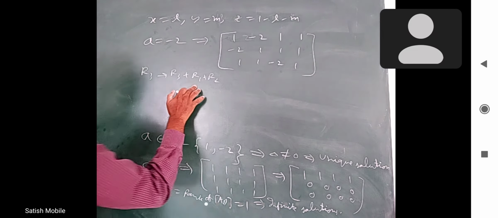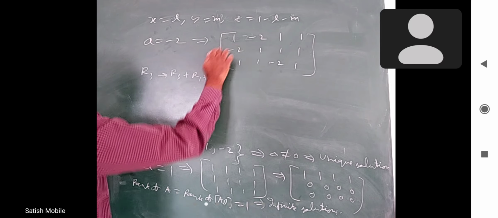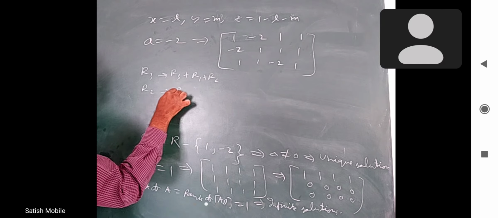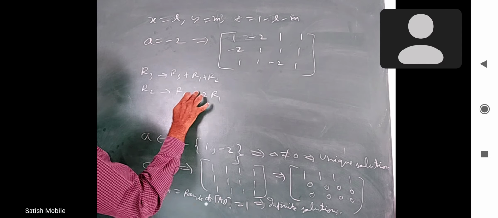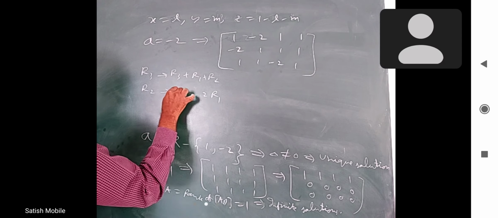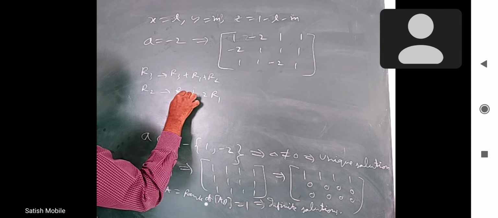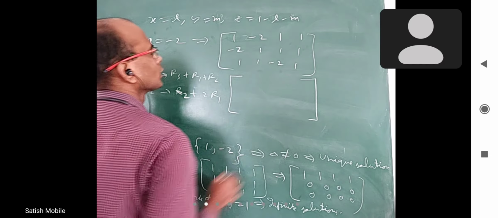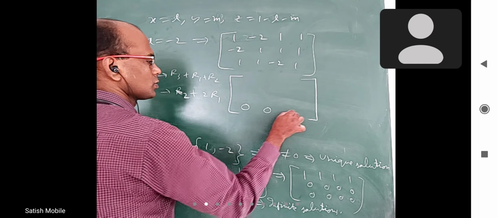This is sufficient. I don't have to do anything in second row to convert this into 0. But if somebody still wants, they can write R2 as R2 plus 2 times R1. So 0, 0, 0, 0.